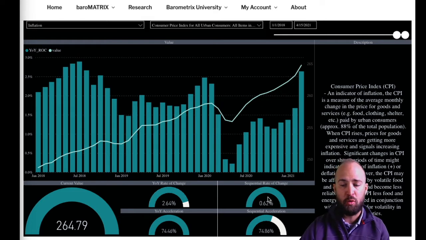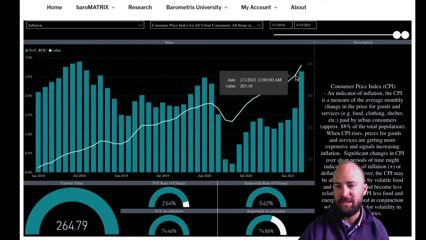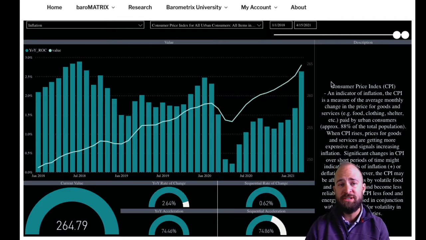So if we're talking about a sequential rate of change of 0.62% with sequential acceleration of 74.86%, that's the difference between this most recent data point and the previous data point here on the white value line. So we see that, both sequentially and year over year, the rate of change of inflation is accelerating and increasing.